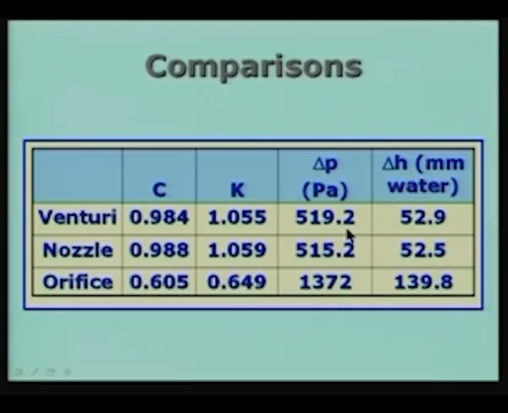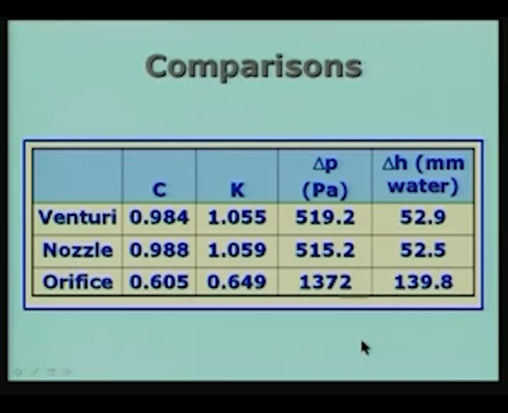Simply you have to divide by 9.81 and you get 52.9 for the case of venturi, 52.5 for the case of nozzle, and 139.8 for the orifice plate. So the orifice plate indeed gives you the biggest measurable effect of delta P. That means that it is the most sensitive in terms of the amount of pressure drop you are going to get for a given condition.